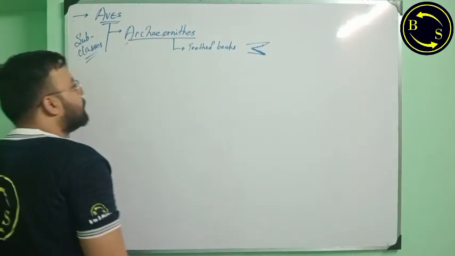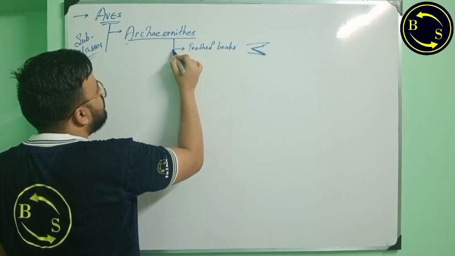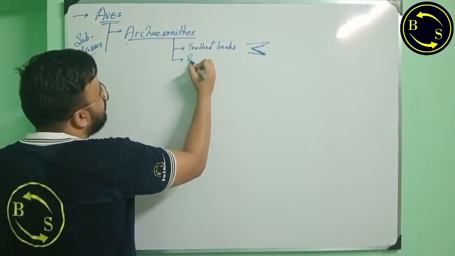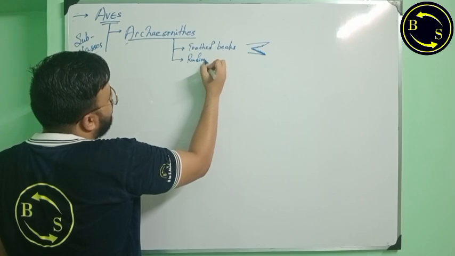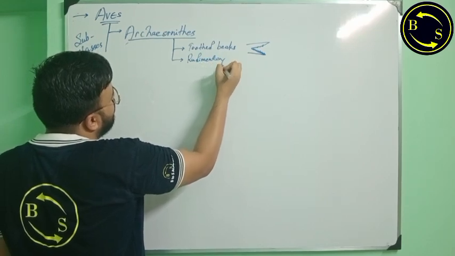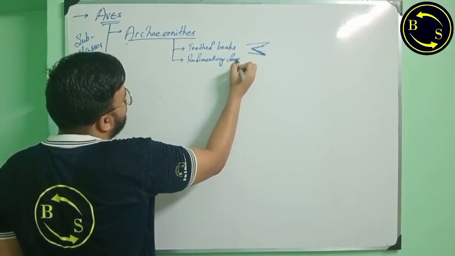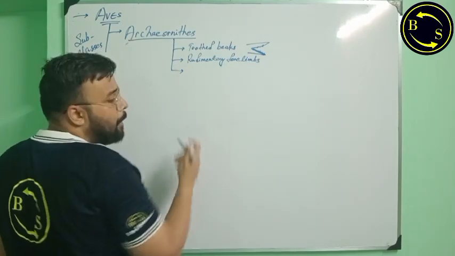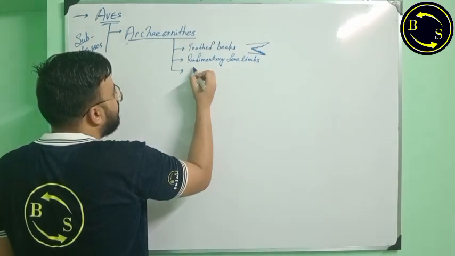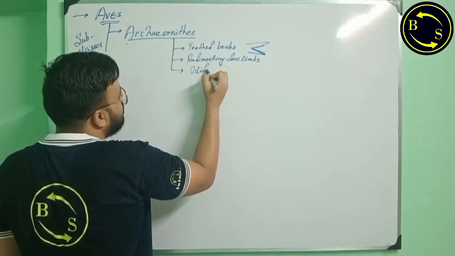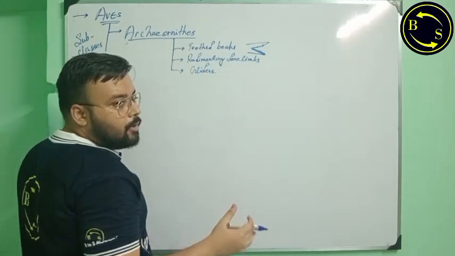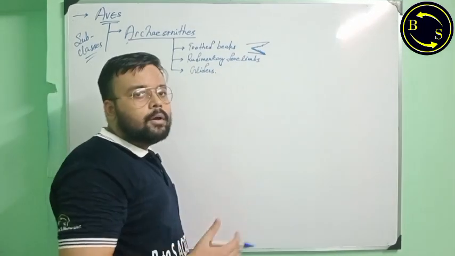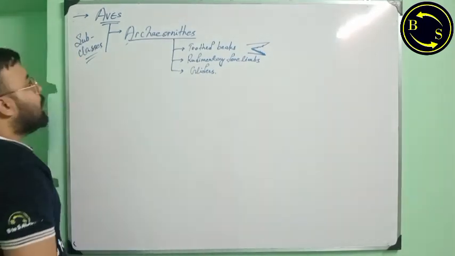Another is that they had rudimentary forelimbs and they lacked the power of true flight. They were gliders. They did not have fully developed flight muscles. So they used to glide from one tree branch to another.